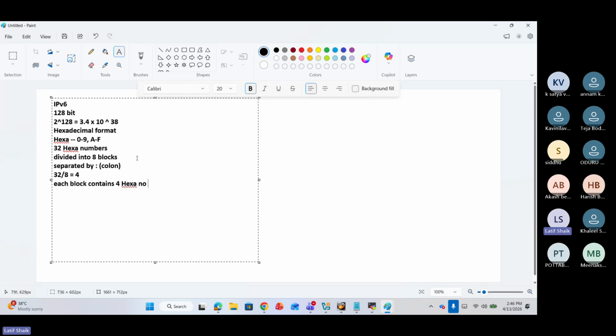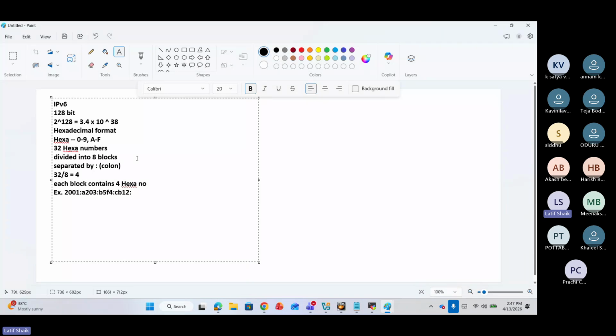So how will this IPv6 be written? Just for example, 2001 colon something, A203, B, 5F, 42. No H's, only A, B, C, D, E, F. No G, H, I, J will come here. 0 to 9, A to F numbers only.